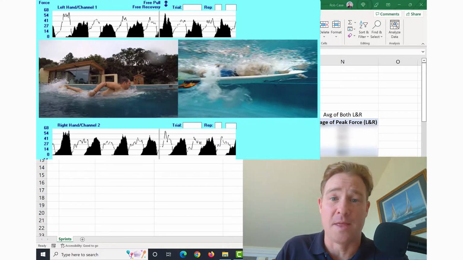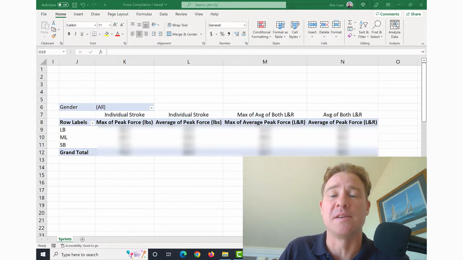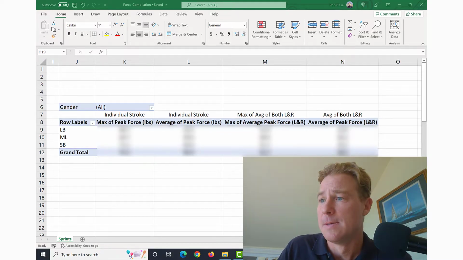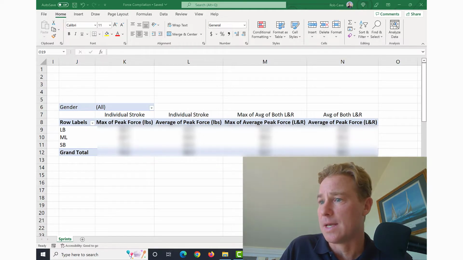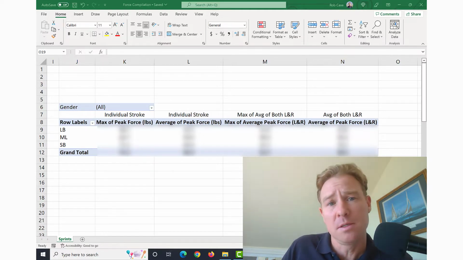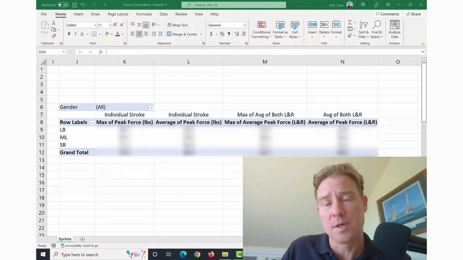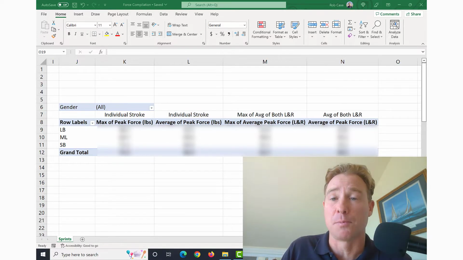And we're going to talk about why that's very important in terms of the effectiveness of a stroke versus an ineffective stroke. When you combine the video with the data, you also get the timing of the stroke at different parts of the curve. So, for example, if you're pushing too hard too soon, you won't really know that until you match it with the video.